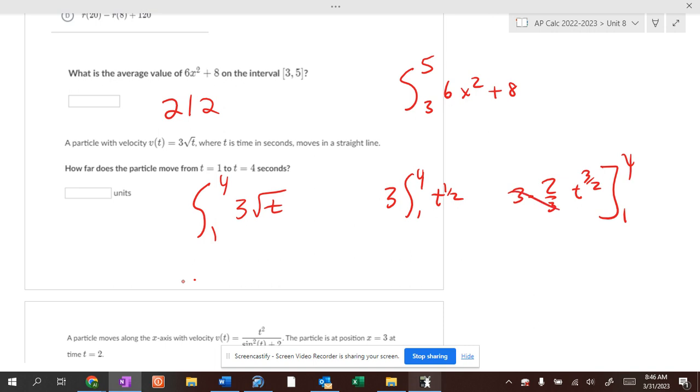Well, the 3's cancel. So it's 2 times 4 to the 3/2 is 8. 1 to the 3/2 is 1. So it's 14 units.